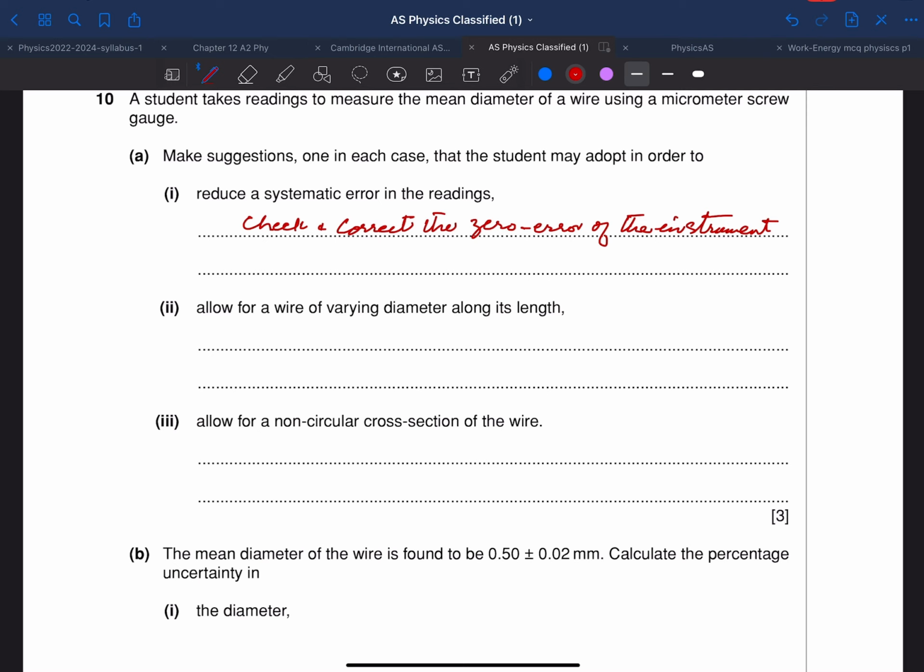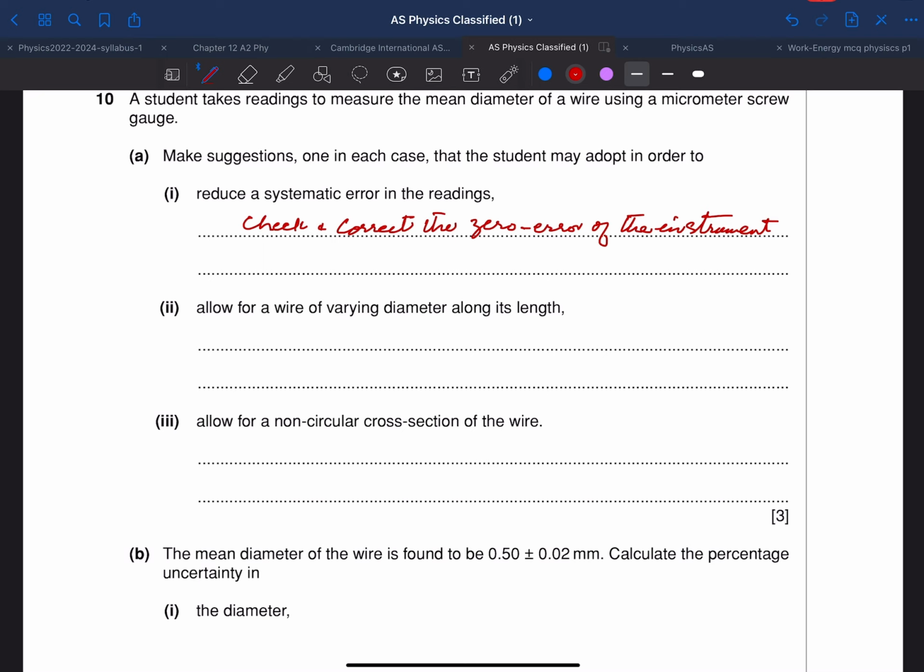Next, allow for a wire of varying diameter along its length. They are saying that the wire is not of the same diameter, but of different diameter.